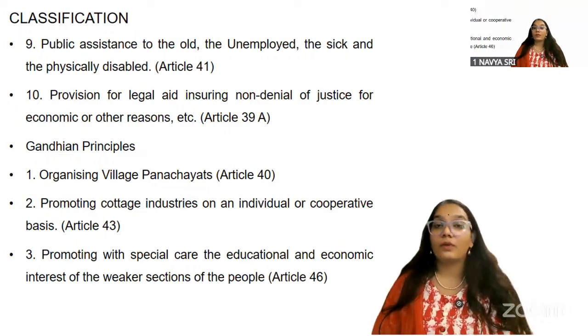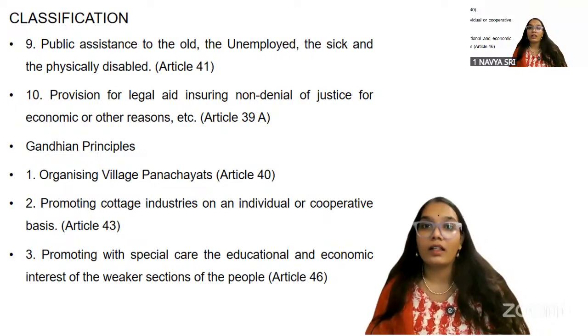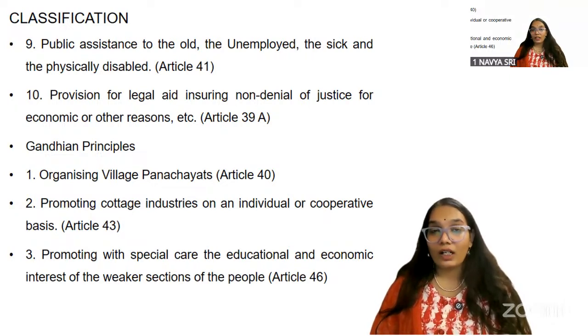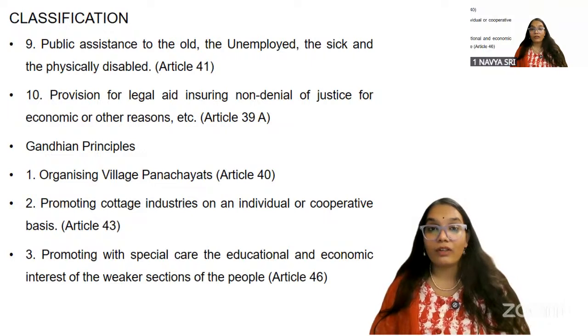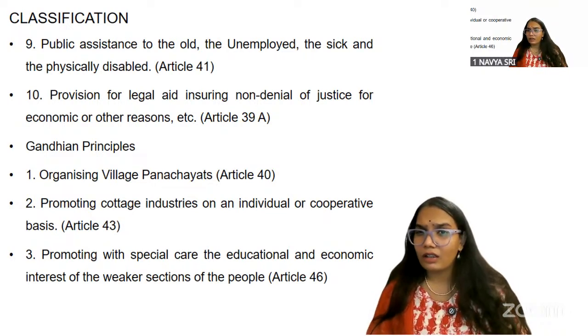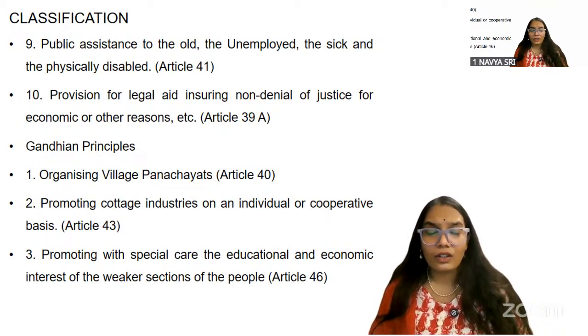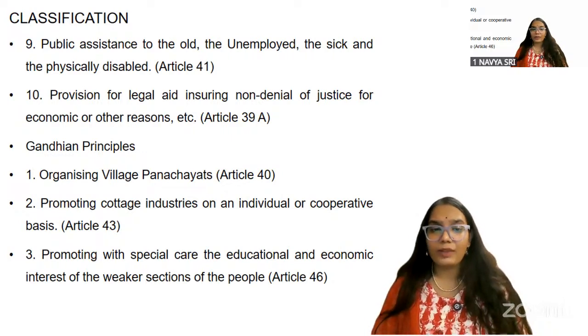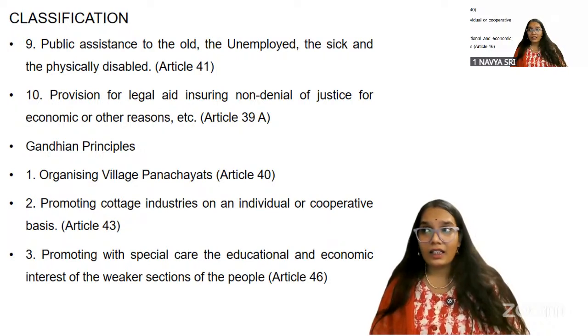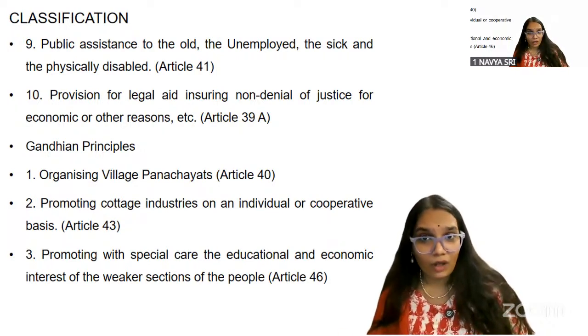Now let us understand what the Gandhian principles are. Before going to that, how do I divide such things as Gandhian in nature or Gandhian approach? You have to understand the principles or views of Gandhi with respect to the state. I think you might have read these things in Indian political thought, like the ideals or views of Gandhi on the state, because Gandhi went for decentralization, and he said village panchayats have to be the central authority.